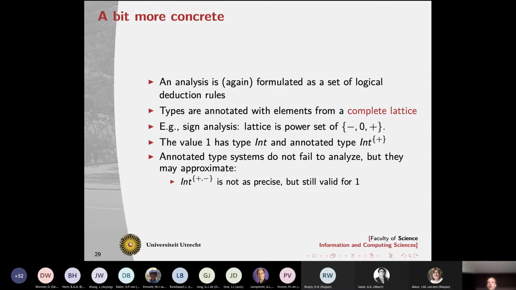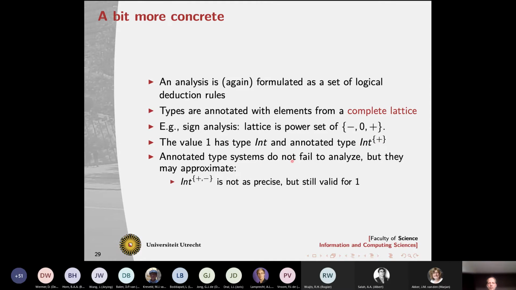So in this case, our complete lattice is the set of all subsets of {-, 0, +}. So if you have the value 1 in your program, it has type int, clearly, but it has an annotated type int, where I put the annotation, the set with plus, in a superscript. So this means not just that it's an int, but I even know that 1 is a positive int.